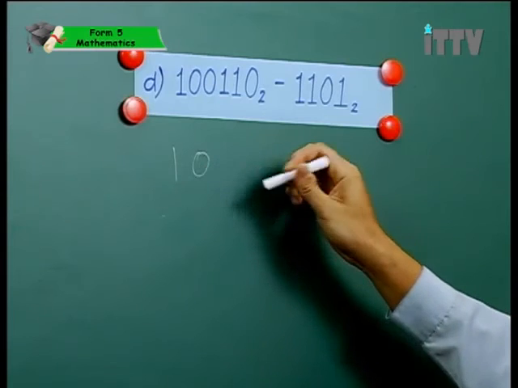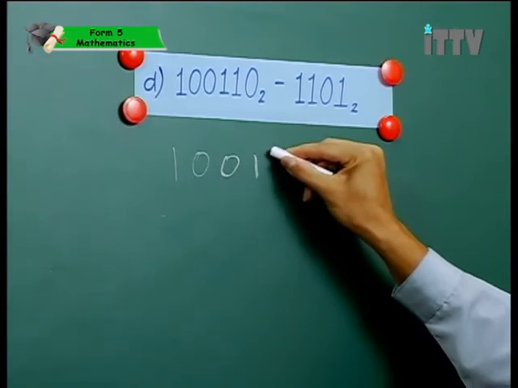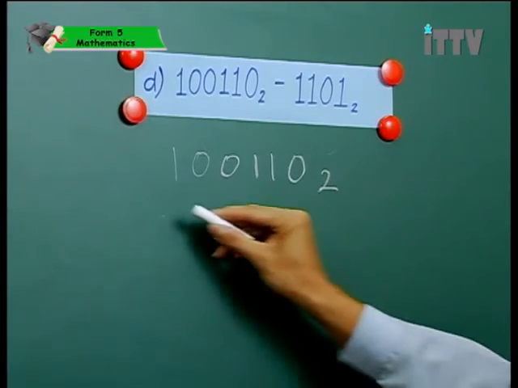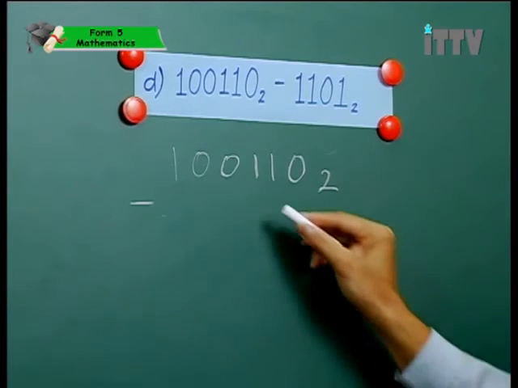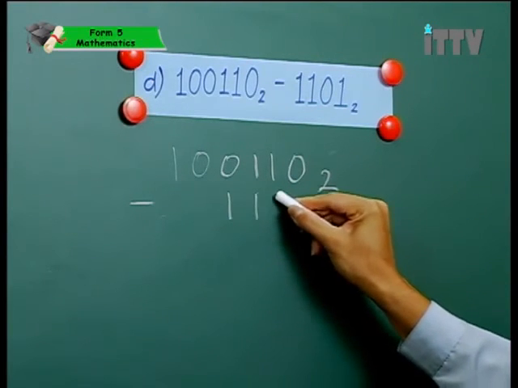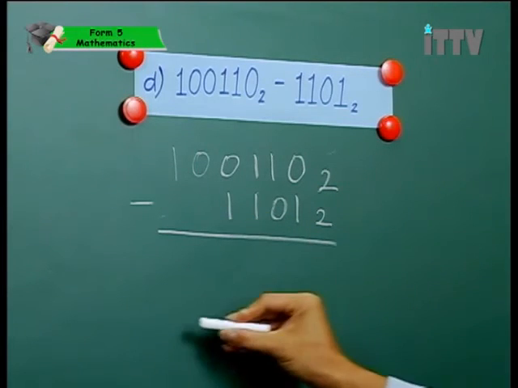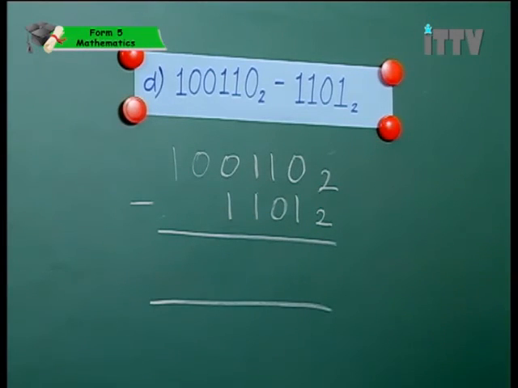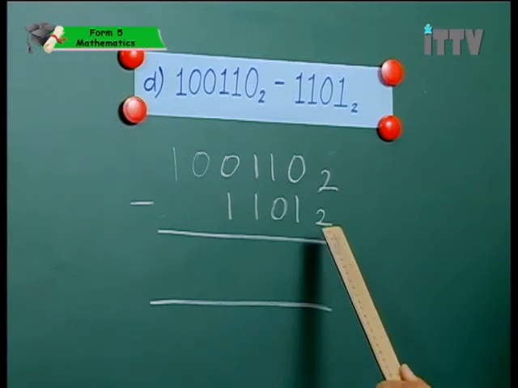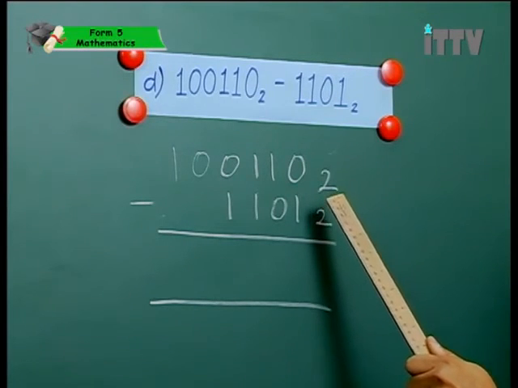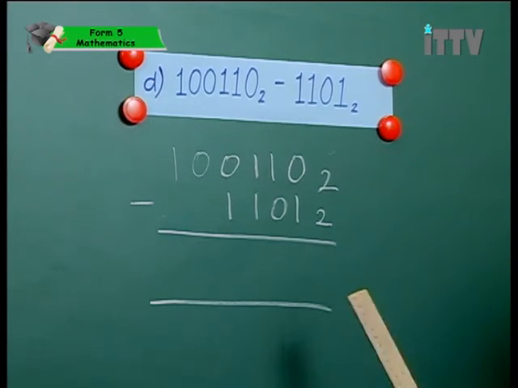Remember 1, 0, 0, 1, 1, 0 in base 2 and arrange all the digits according to their place values. Now, how do we subtract two numbers? In this case there is a little bit going on, from the concept of borrowing, because we need to do that. Now let's take a look right here.